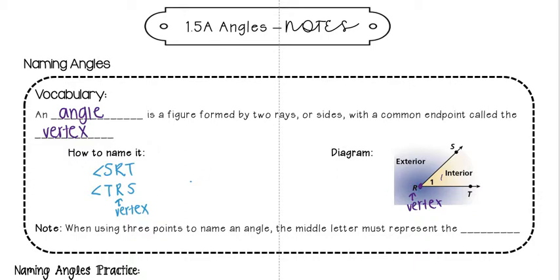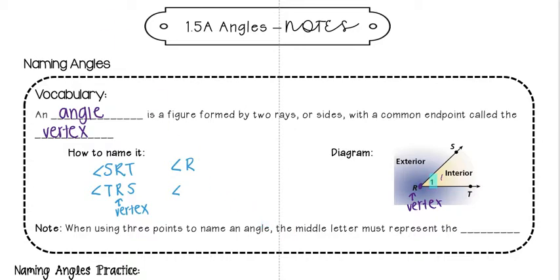And then there are also two other ways that we can name this. If I just have an angle like this, there's nothing else coming out of my vertex, I can also just call this by its vertex, by angle R. But use that one sparingly. A lot of times we can't use that one. And then I can also call it by this number that's inside here.